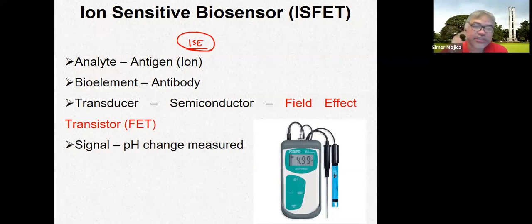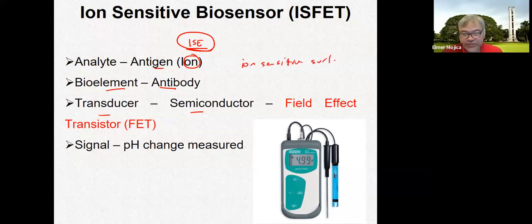So if you're going to look at this, you can use an ISFET biosensor. So usually the analyte is an antigen, but you target the ion. Okay. And the bioelement that you have is an antibody. So your transducer is a semiconductor, the field effect transistor. So usually they have an ion sensitive surface. That's why the target is ions.